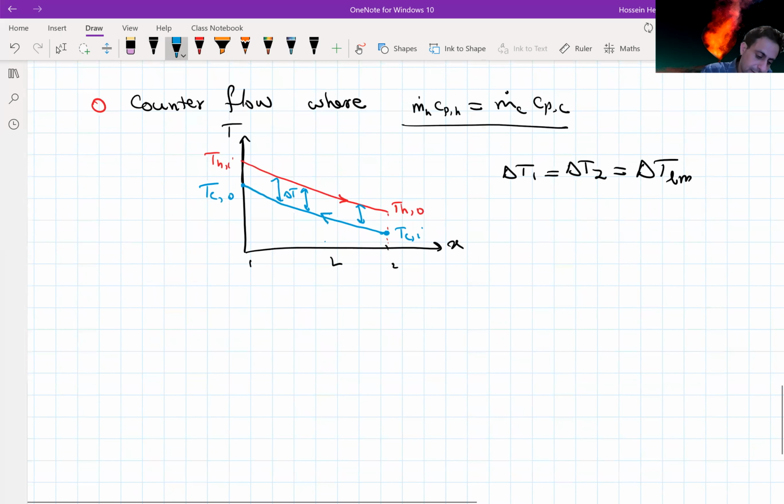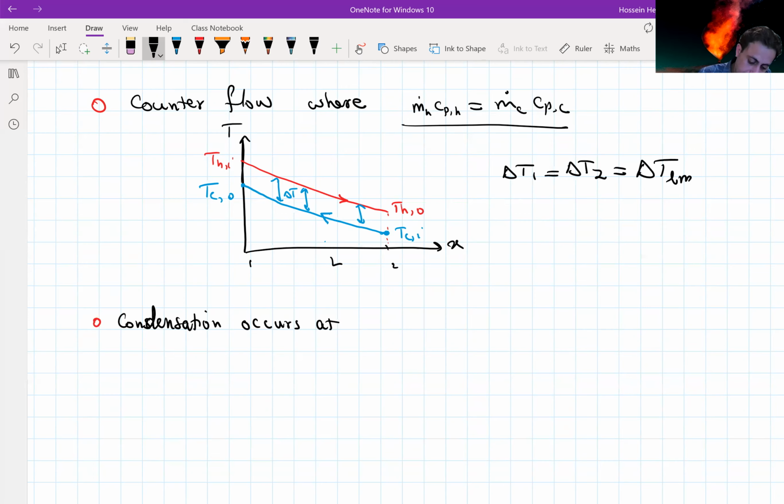Now, the other thing is if condensation happens, condensation occurs at constant temperature. So really, whether it's in the tube or in the shell, the temperature is not going to change.